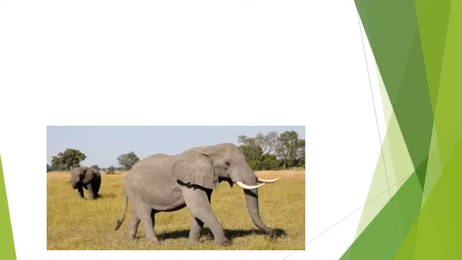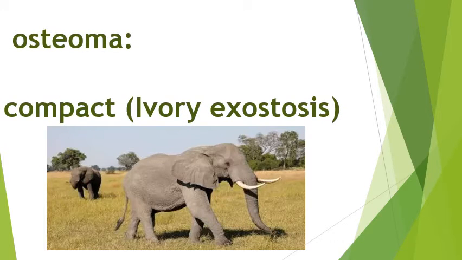I put this picture of an elephant for you for some reason. Do you know this reason? If you study your lecture, you would know that osteoma has two types. The first one is compact, and we call this ivory exostosis or ivory osteoma. Ivory means this is ivory.